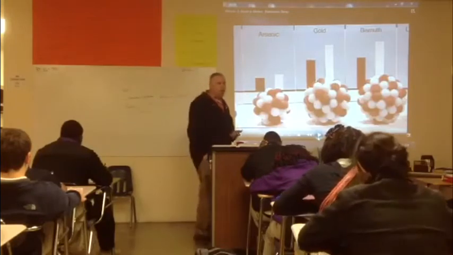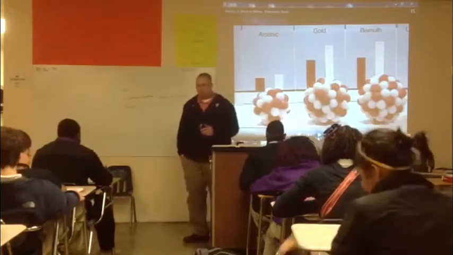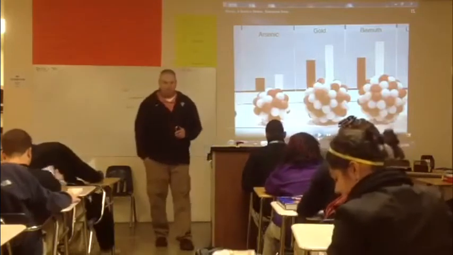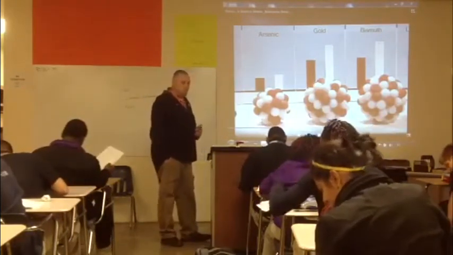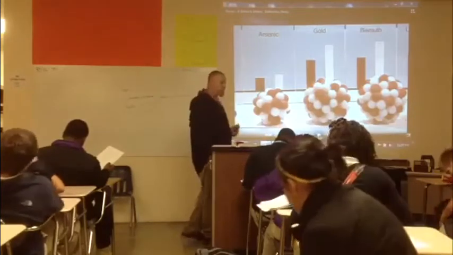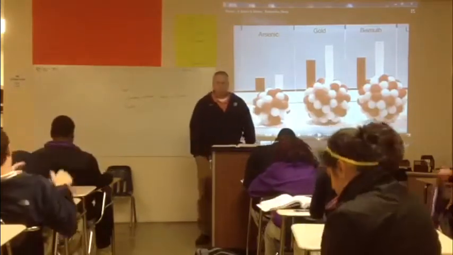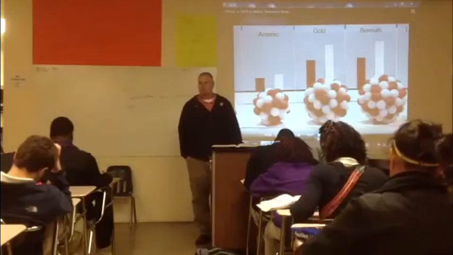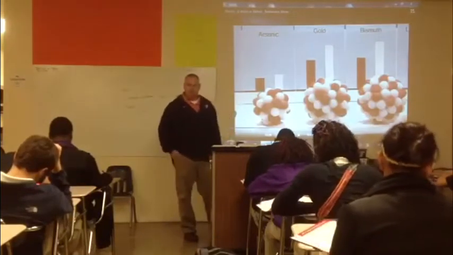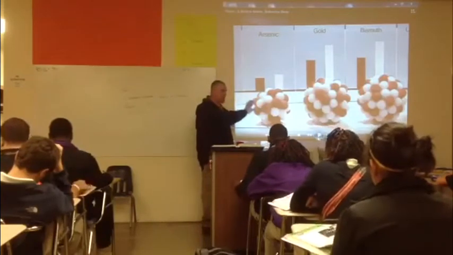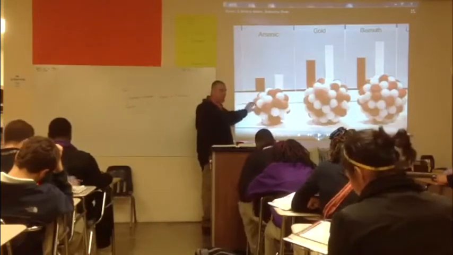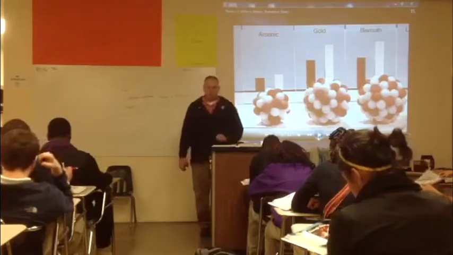Okay, time. Quickly open your book to page 236, 237. Based upon what we saw in this video up here, and the attraction between protons, neutrons, and electrons, look at page 237.